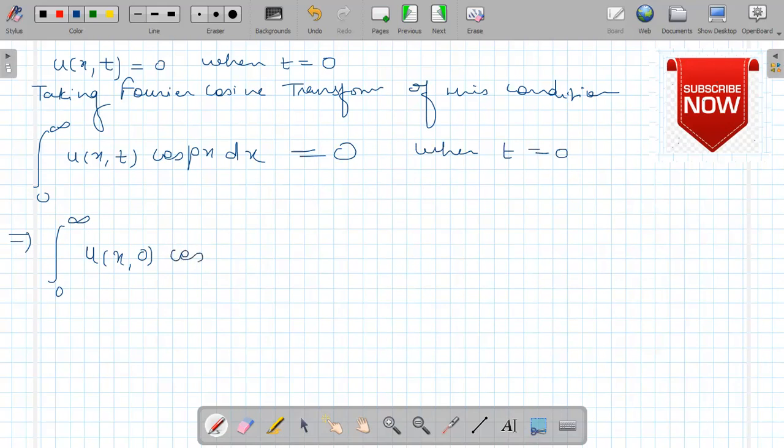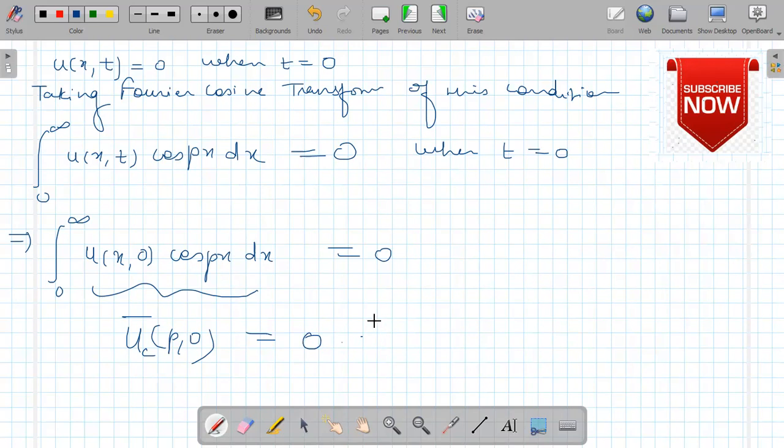Okay, so we have replaced t by 0. Now this whole can be represented by uc bar p comma 0. Okay, and this is equal to 0. So we have this condition.